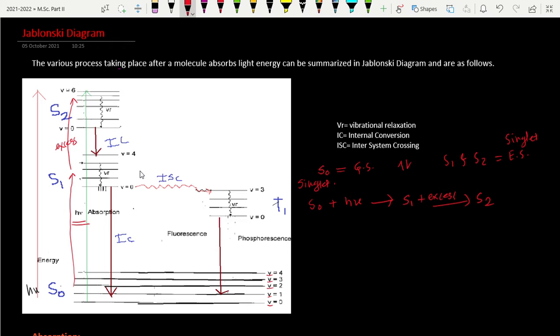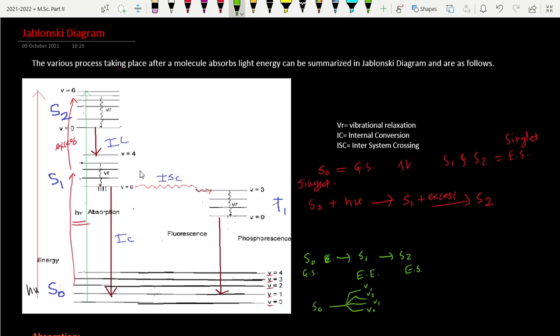S0 is the ground state, and S1 and S2 are the electronic excitation states. Each electronic excited state has a number of vibrational energy levels: V0, V1, V2, V3.